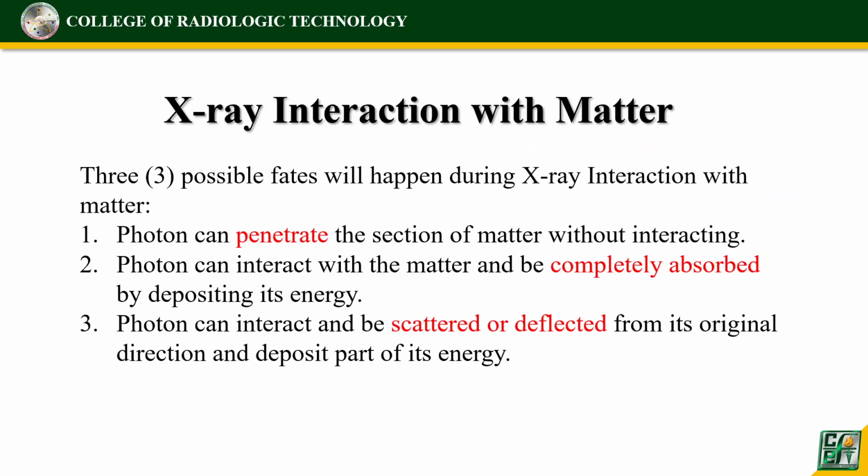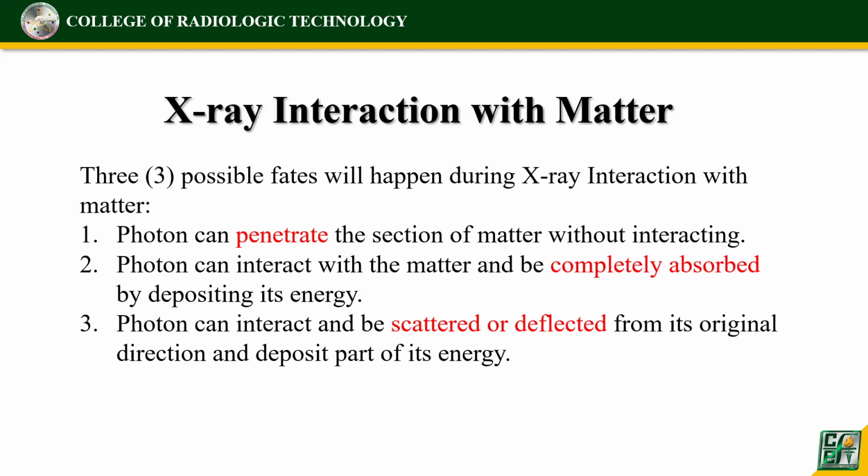Now, we go to X-ray interaction with matter. Okay? There are three possible things that can happen with X-ray photons kapag ito ay nagkaroon ng interaction sa matter, particularly sa human body. Okay.